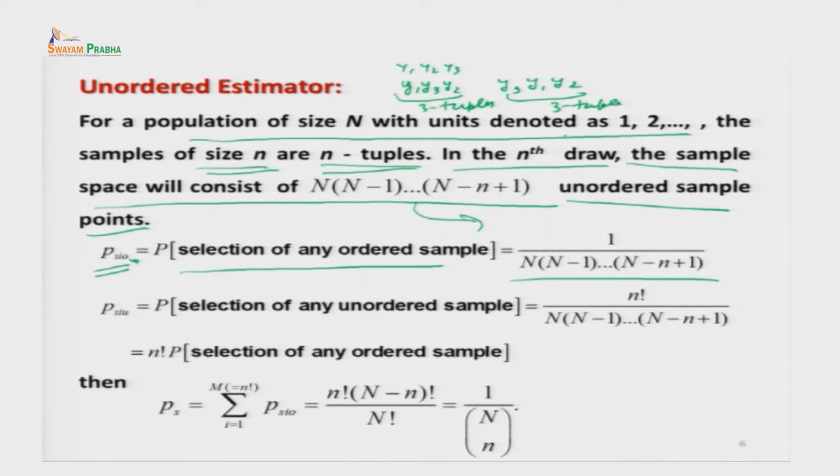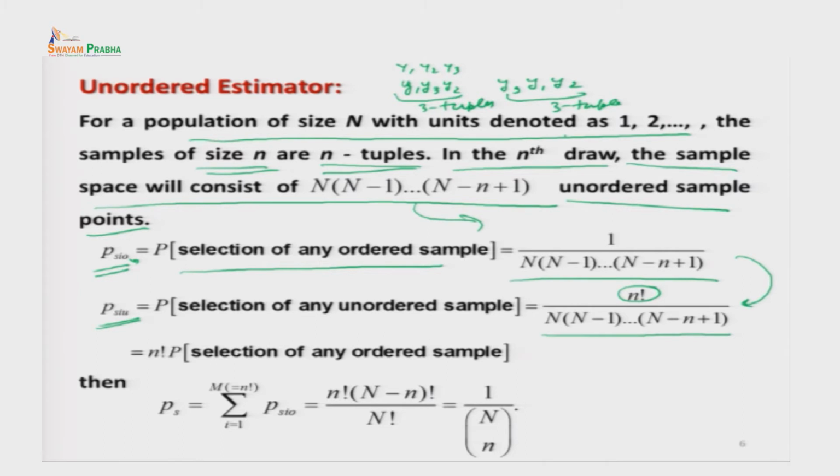And now, there are factorial n combinations. So, the probability of selection of any unordered sample corresponding to this ordered sample will be factorial n times the probability you have obtained here. This will be added capital M times, for example, probability of y1, y2, y3 plus probability of y3, y2, y1 plus probability of y3, y1, y2, and so on, all the 6 probabilities, factorial 3 probabilities.